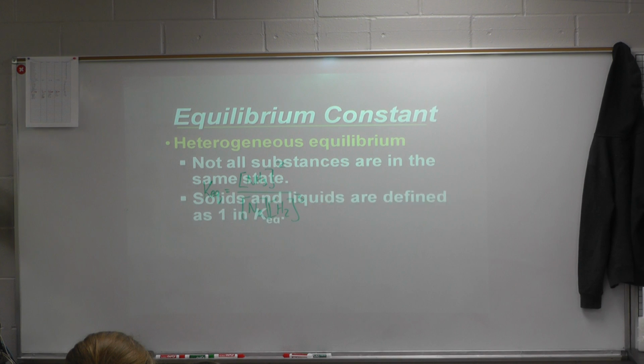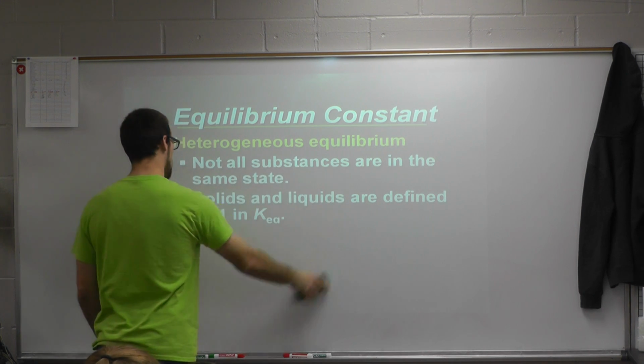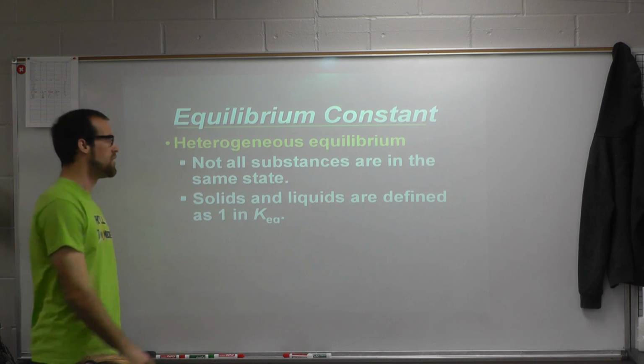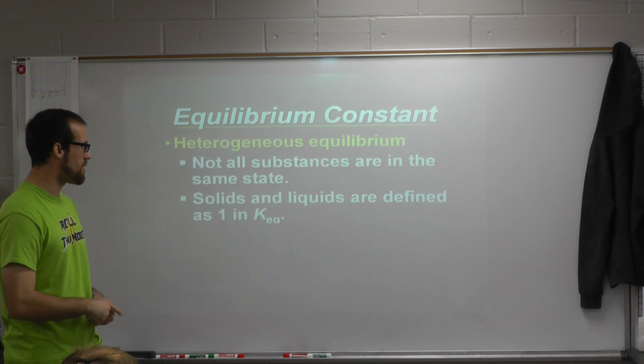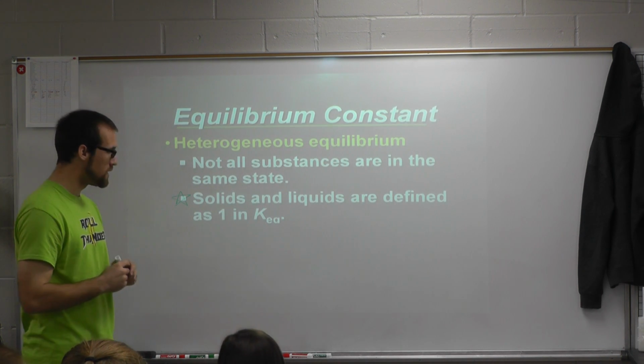All right, heterogeneous. This is where you have to think a little bit. Heterogeneous equilibrium. You're probably thinking it just means they're not all in the same state. The thing I want to focus on is this.